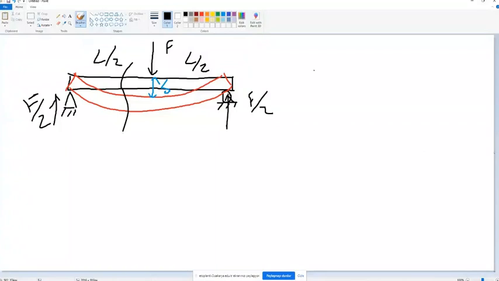So maybe I can say to you that we will cut this beam like this. We will have a force F over 2.